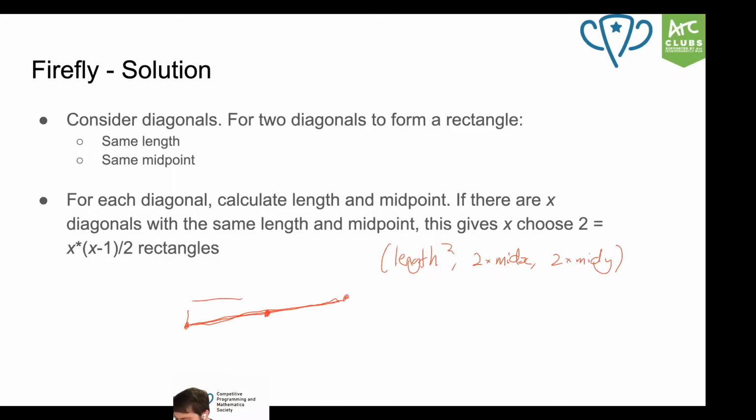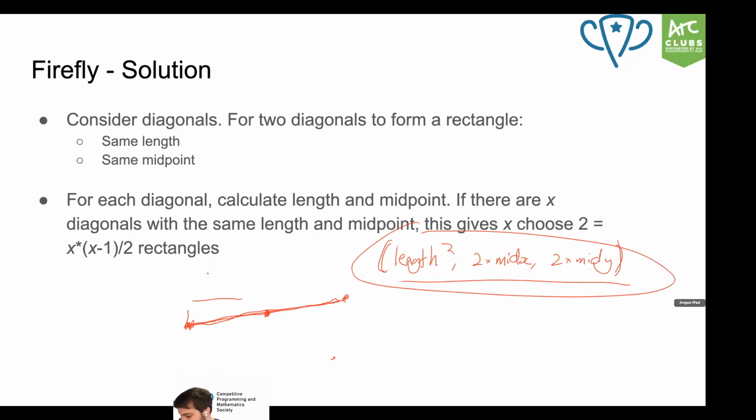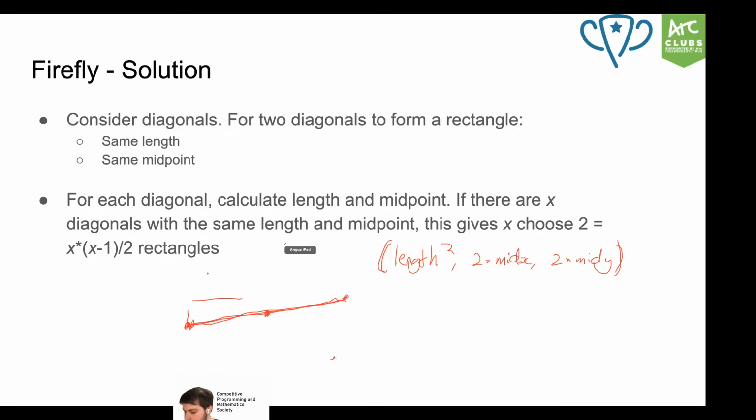And then the idea is if two different pairs of points meet both these conditions, then you have a rectangle. So you group pairs based on whether they have the same triplet of numbers. Let's say there are x diagonals that all have the same length and the same midpoint. This gives you x choose 2 rectangles.